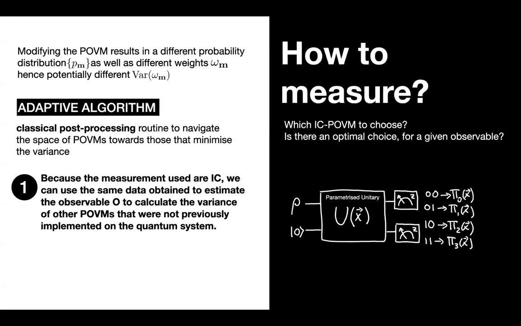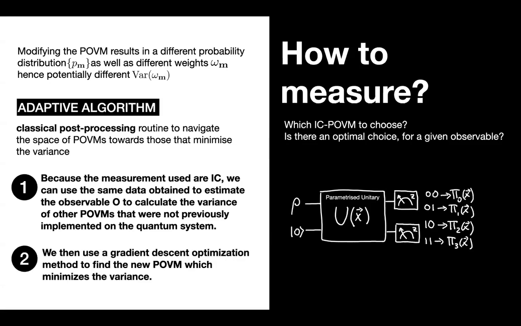I start again. So we decide on a certain POVM, we make the measurements, and we use these measurements to estimate the observable O, which is our original goal. But we can use precisely the same measurements to calculate the variance of other POVMs, which we have not implemented in the experiment, but which are interesting because once we calculate them, we can decide which other POVM has the minimum variance, okay?